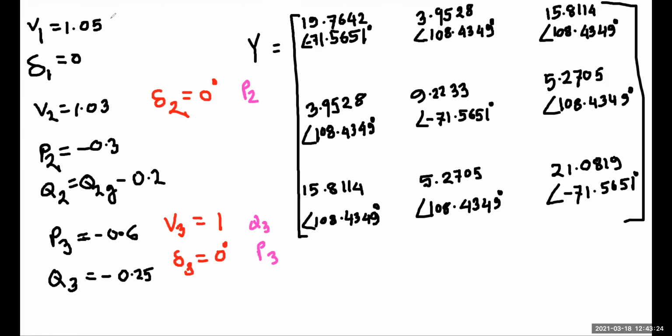This is our iteration 1. I'm going to write iteration 1. At iteration 1, you have to use the commonly available values, these values, so that you can form a Jacobian matrix here.